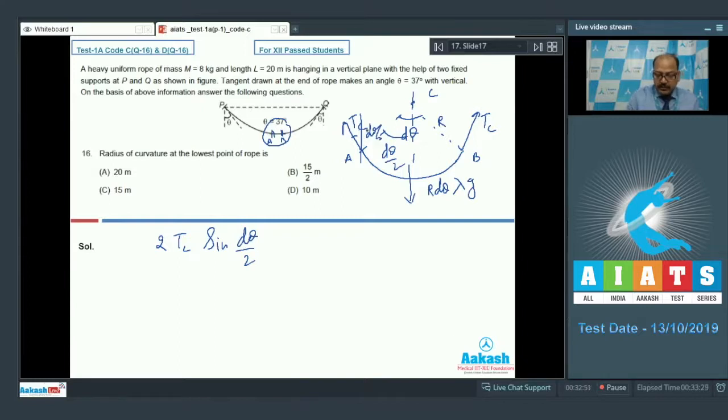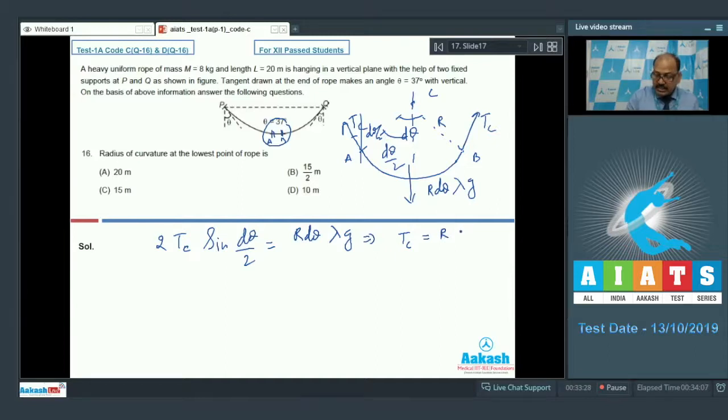So the vertical component is Tc sine d theta by 2, and by symmetry the other part also gives vertically Tc sine d theta by 2. So we have 2 Tc sine d theta by 2 equals R d theta lambda into G. Now obviously d theta is extremely small, so simplifying we get Tc equals R lambda G.